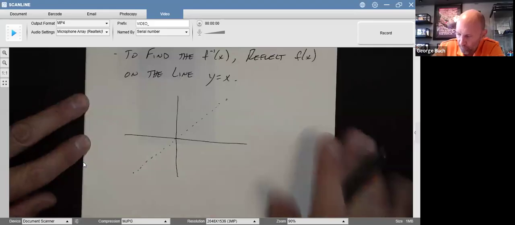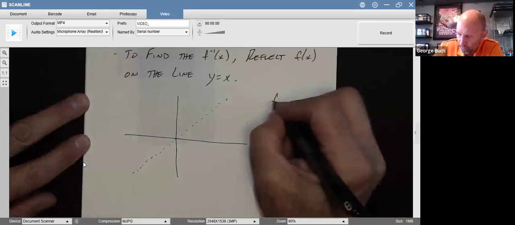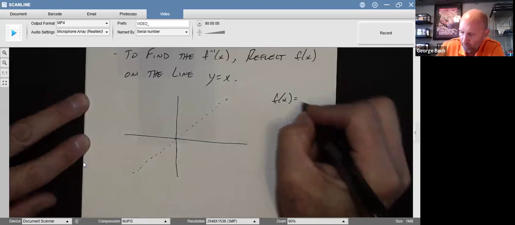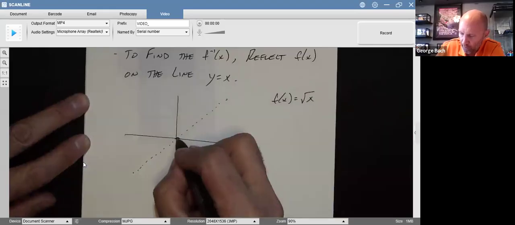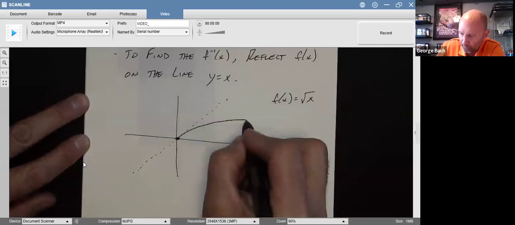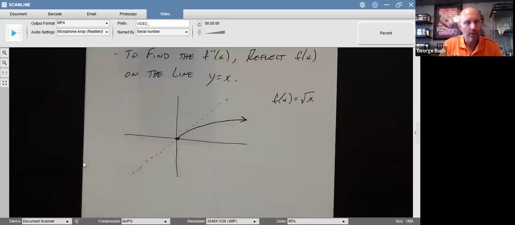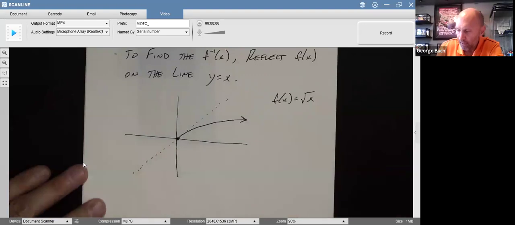So let's say that my f of x is square root of x. Well, we know that looks like this picture. If I wanted the graph of f inverse, even without calculating it, I know it's what?